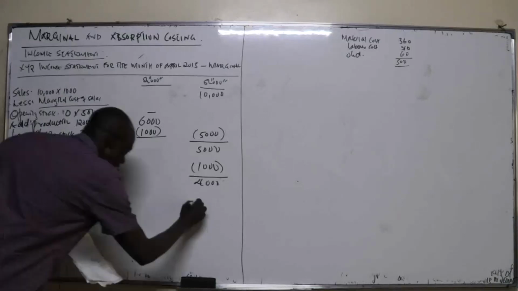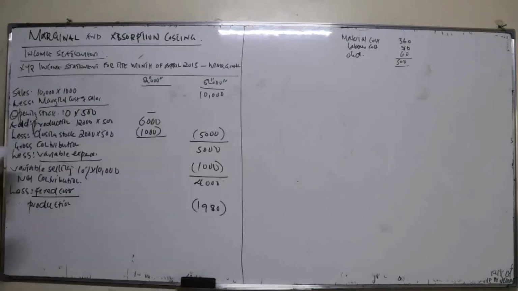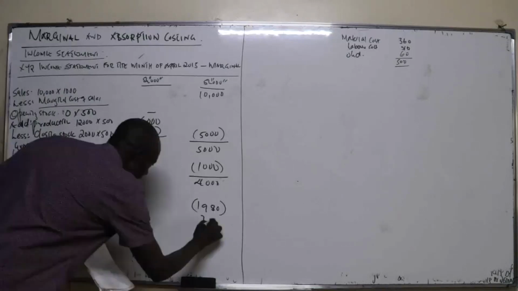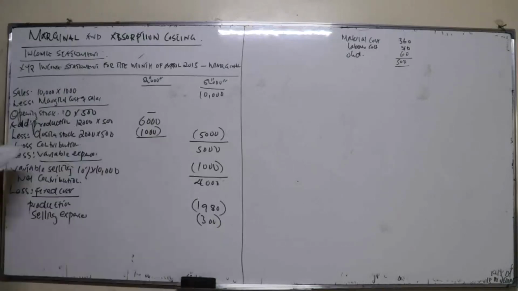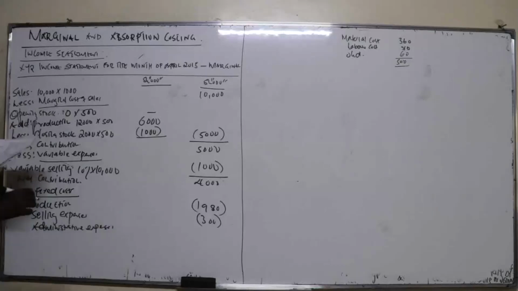And then we have fixed selling expenses, isn't it? Selling expenses. How much is it? 300. You less 300. And then you less fixed administrative expenses. How much is it? 500. And then here you get the net profit or loss.